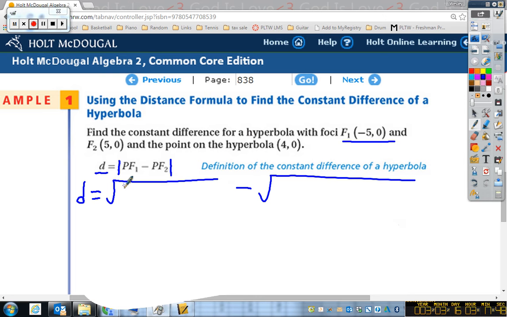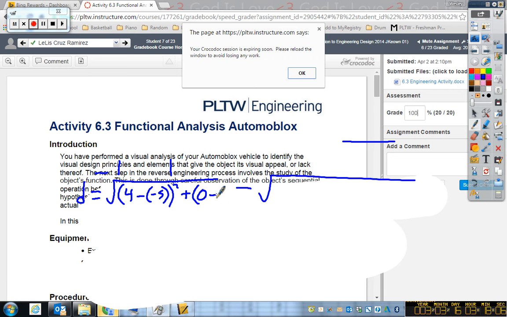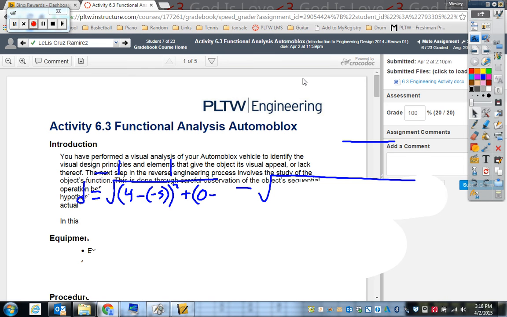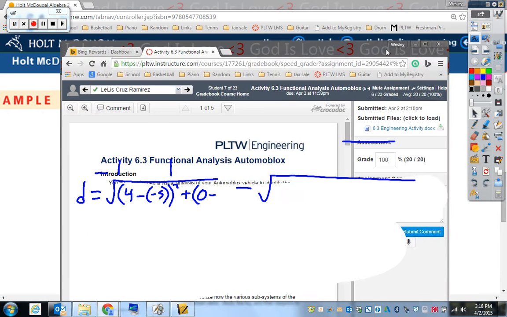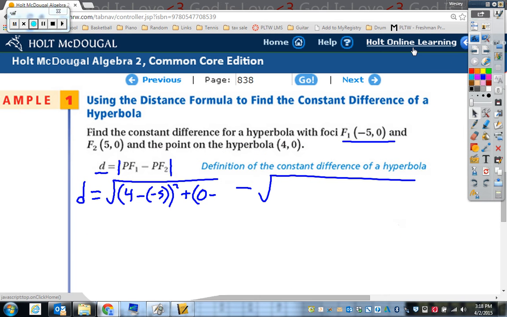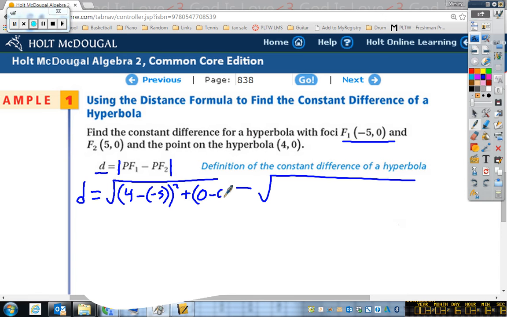So my point is 4 minus negative 5, squared, plus 0 minus 0 squared.